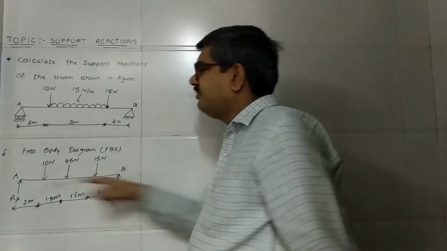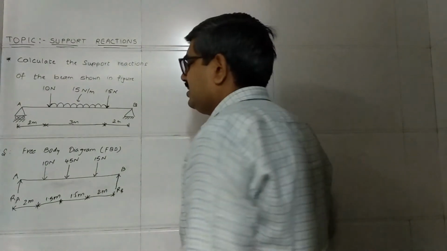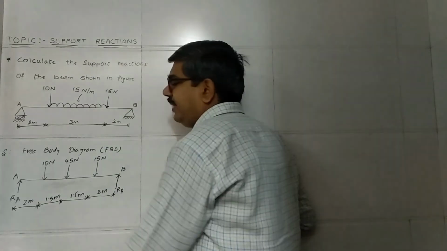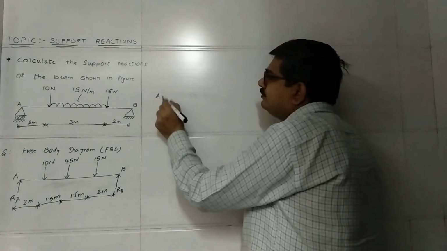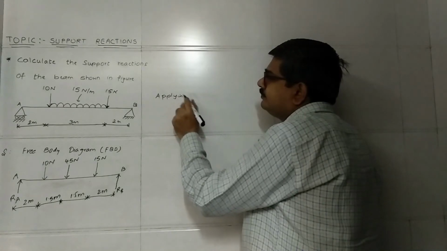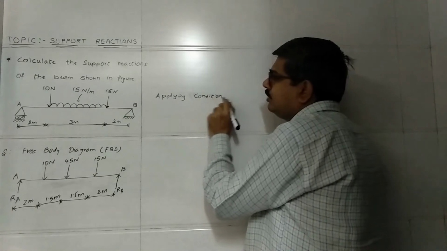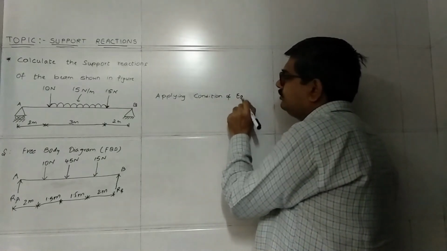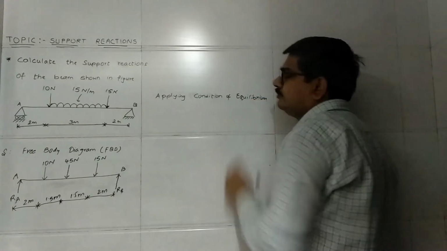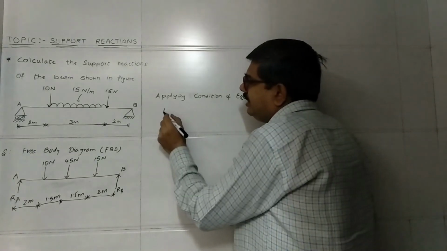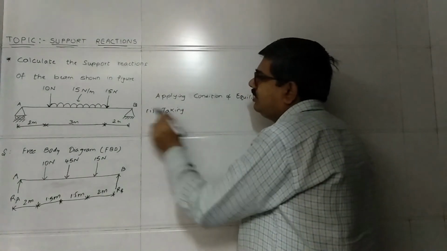Let's start finding the values of the support reactions, that is RA and RB. First step is you have to apply the conditions of equilibrium. So applying conditions of equilibrium, taking moments about A. This is the first condition you have to apply.